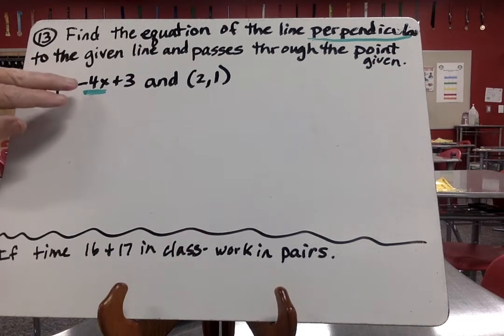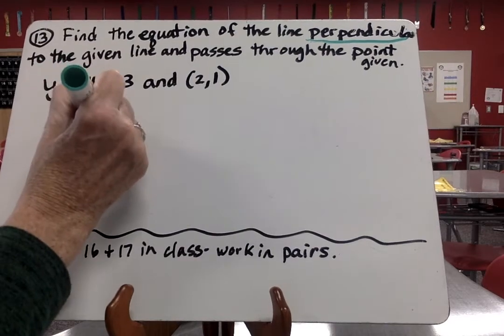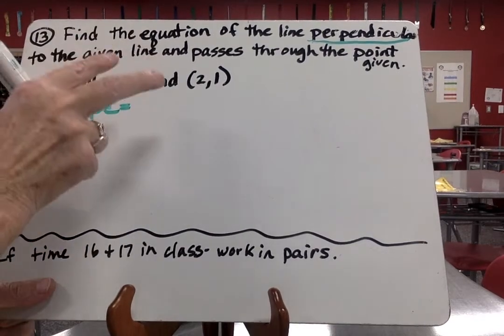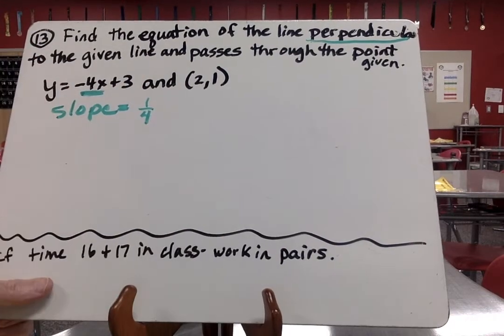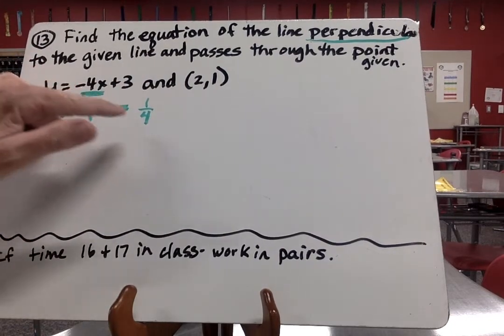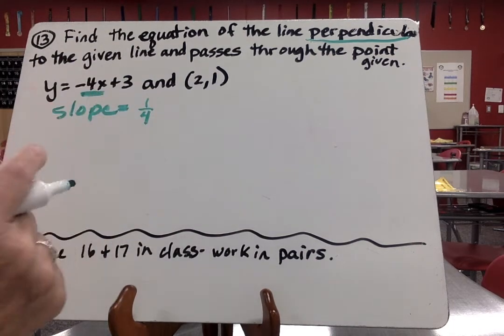So if this is negative, then our reciprocal has to be positive. So the slope will be equal to, we flip the 4, so it's 1/4, and it has to be positive since this is negative, because the 2 multiplied together should equal -1 if one is perpendicular to the other one. So that is our slope, 1/4.